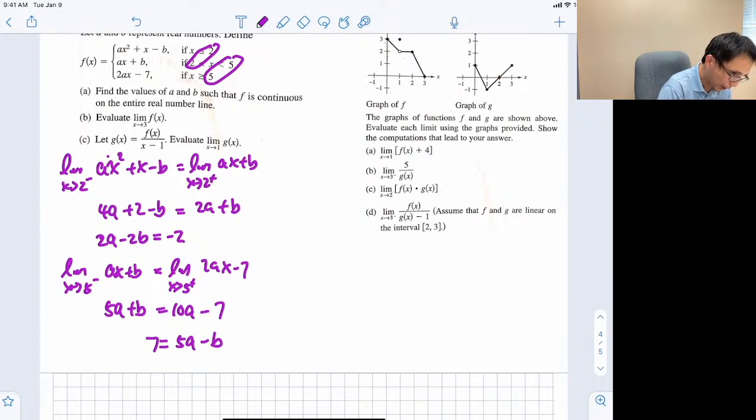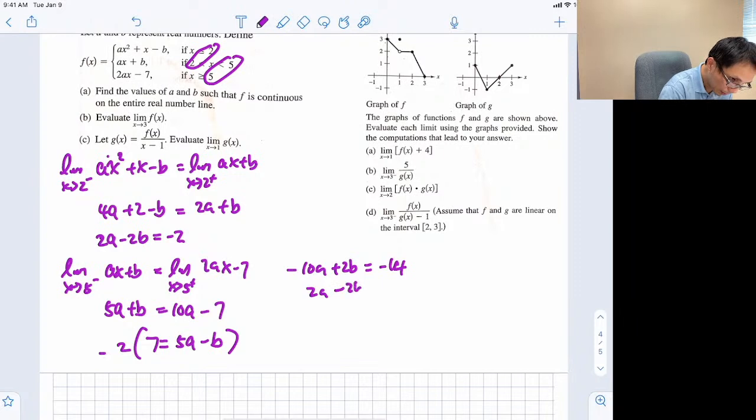And now I'm going to multiply this by 2, or negative 2 actually, so I will get negative 10a plus 2b is equal to negative 14. And then I will write this on the bottom, 2a minus 2b is equal to negative 2.